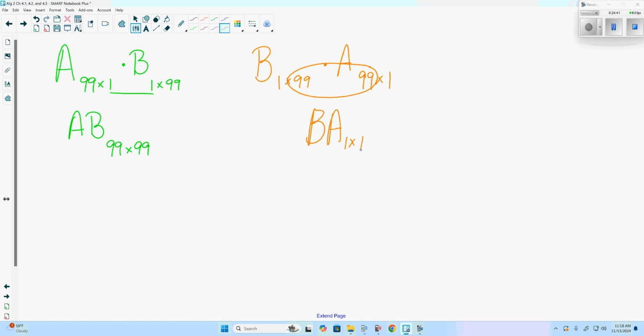I think that's interesting because here A times B gave us a 99 by 99 matrix that has 99 rows, 99 columns. That thing is going to be huge. We flip it, still able to multiply, but it's gone from a 99 by 99 to a 1 by 1, a single number. It is interesting how this works.